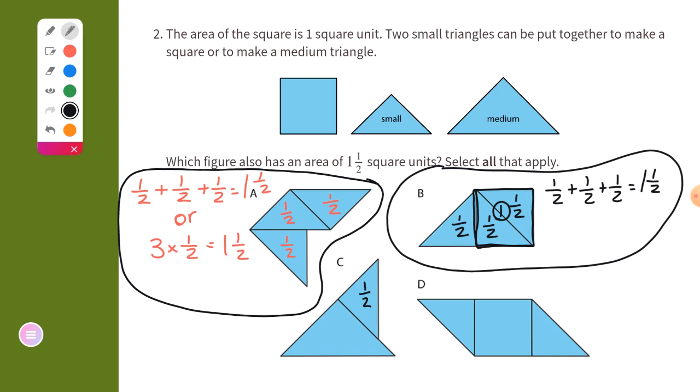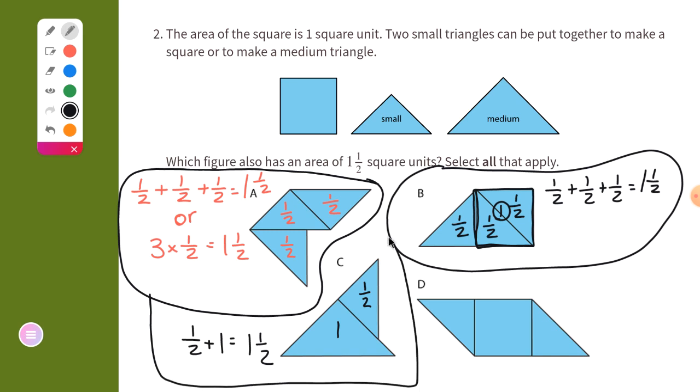A medium triangle. What is the area of the medium triangle? 1. Or if you're going with Sophia's thought process on the square, you could have decomposed it into 2 small ones if you wanted, or left it as is. I'm going to leave it as is and say that this is 1. What's my math that should be out to the side, Chase? 1/2 plus 1 is what? 1 and 1/2. So that again is another possible answer.